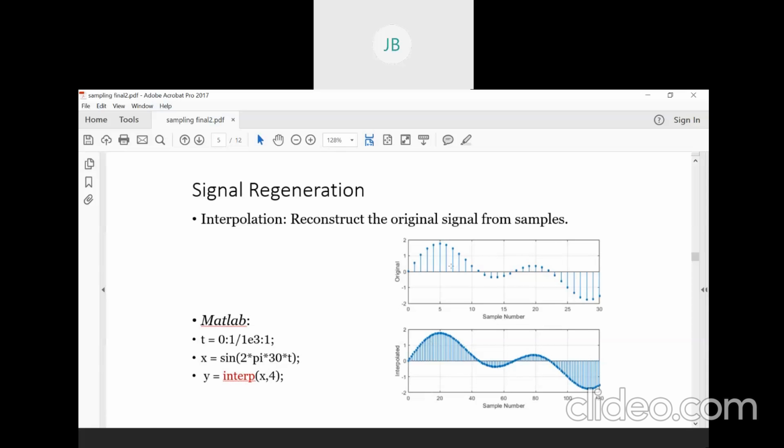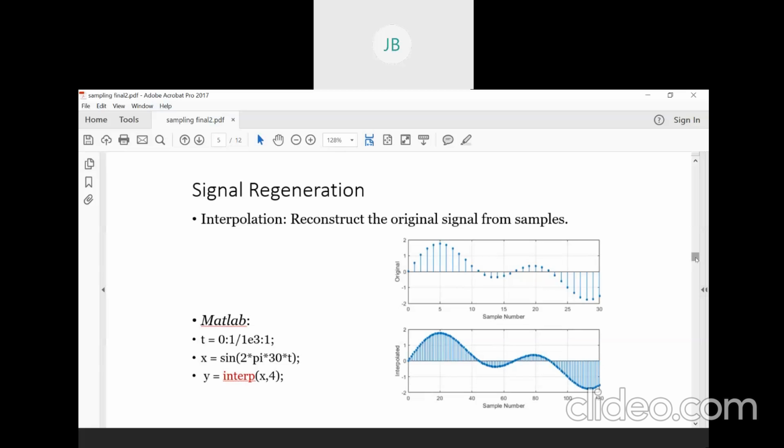For example, if the sampled signal X has 10 samples, then the reconstructed signal will have 40 samples, and so on. You can have any number here. The higher the number, the more samples you will have. Okay, this is the method of regeneration of the signal, that's interpolation, that we will use in our code.